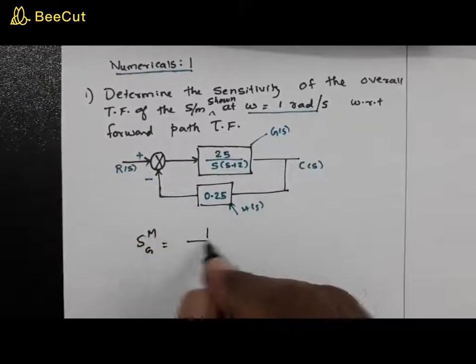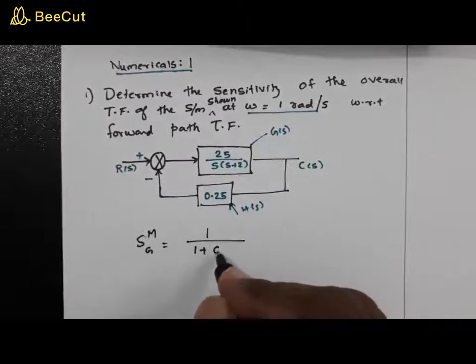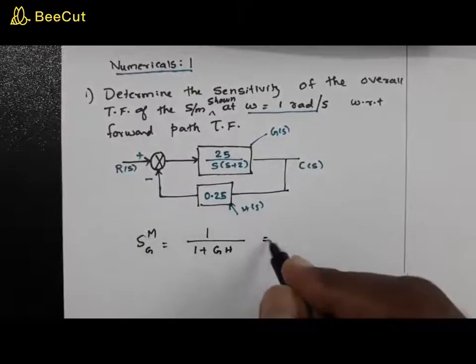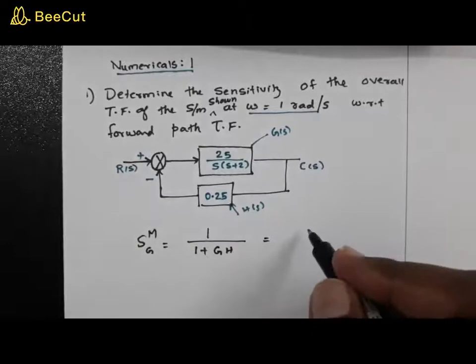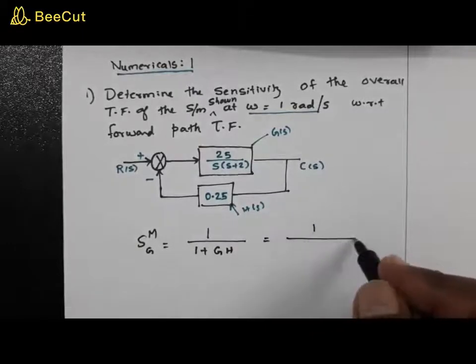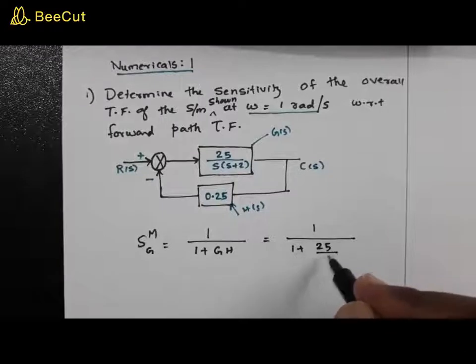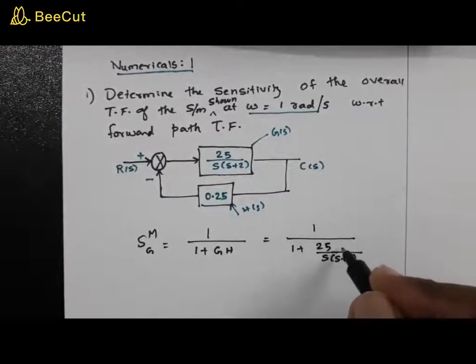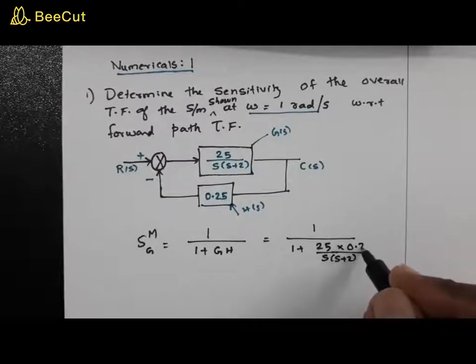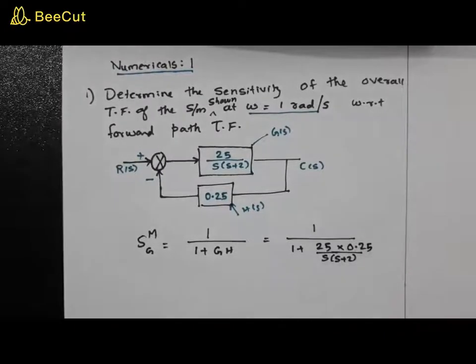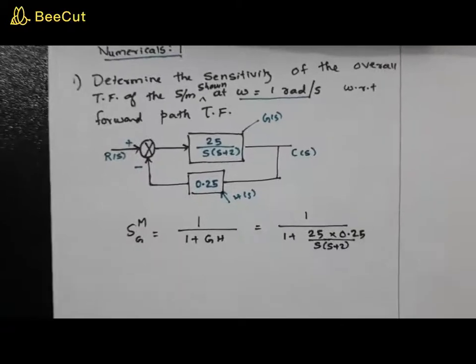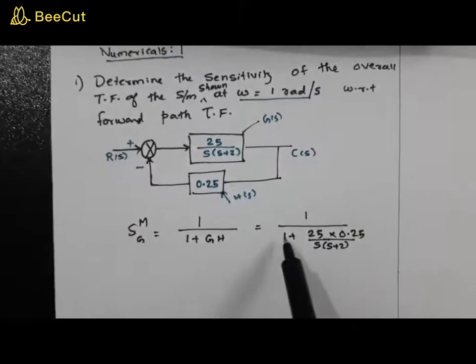So this will be 1 by 1 plus GH, or you can substitute this as 1 by 1 plus 25 by s into s plus 2 into 0.25. Okay, right?